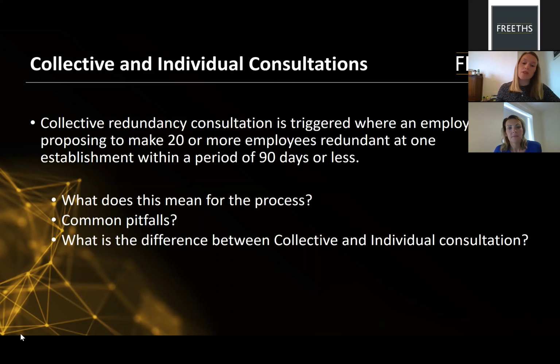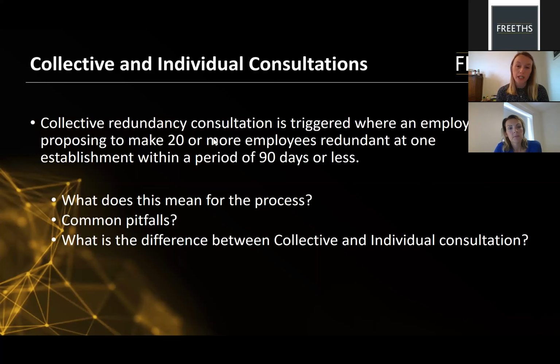Now, in terms of the importance of collective consultation, the maximum sanction for breaching the obligations under TULRCA is a protective award of up to 90 days gross actual pay, so it's not capped, per affected employee.